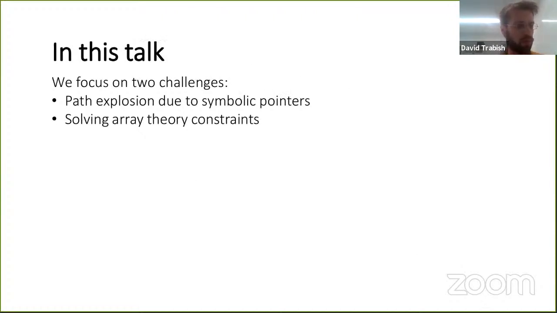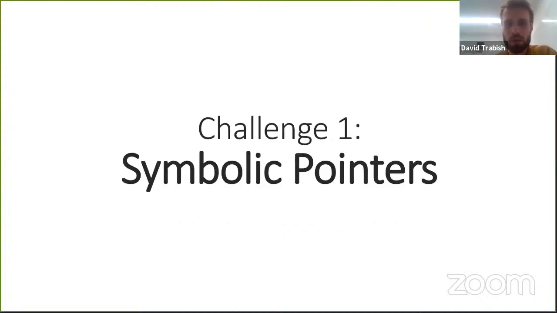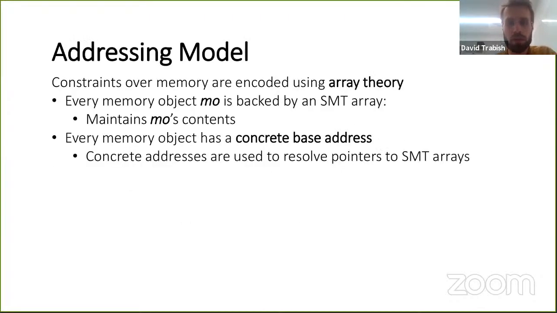In this talk, I will focus on two challenges. The first one is path explosion due to the reference of symbolic pointers, and the second one is solving array theory constraints. We're going to tackle both these challenges using a new relocatable addressing model. Let's start from the first challenge, which comes from symbolic pointers.